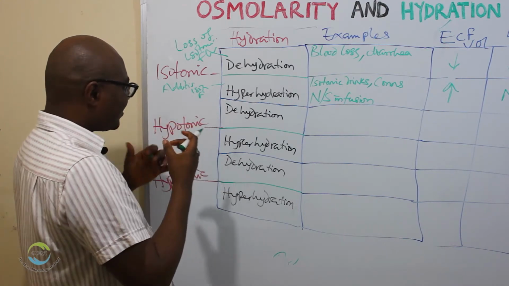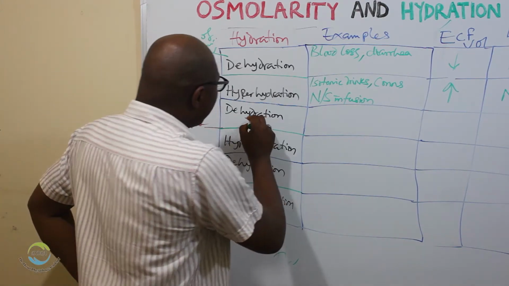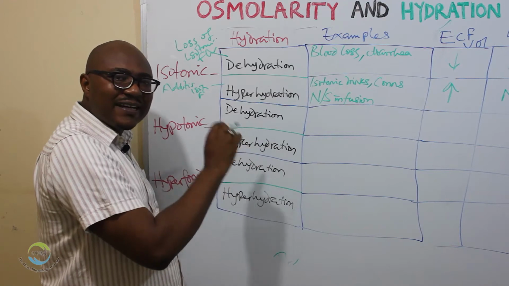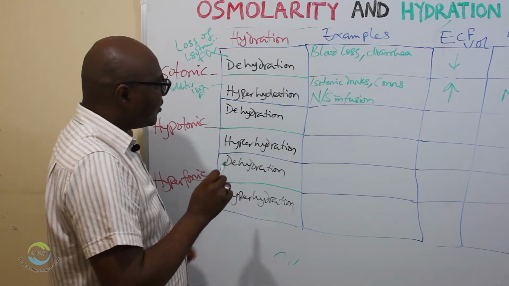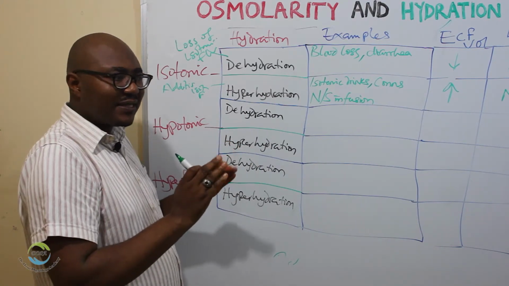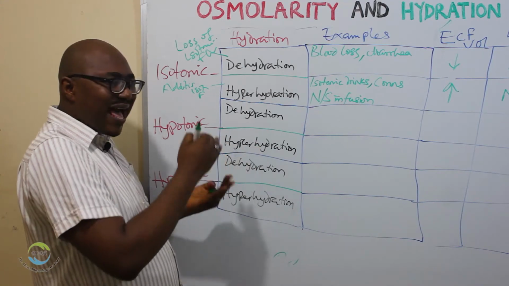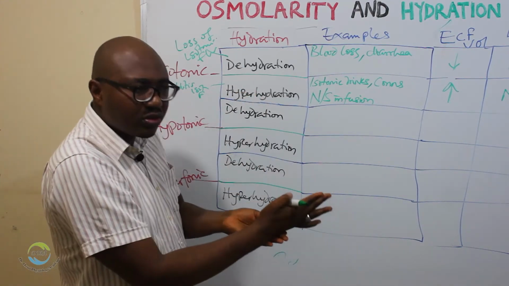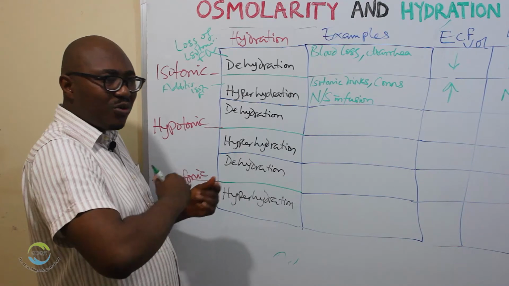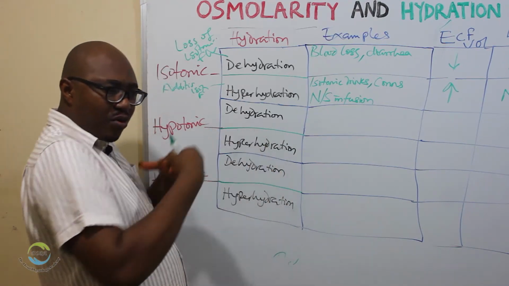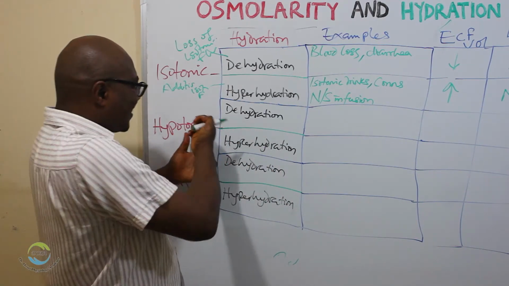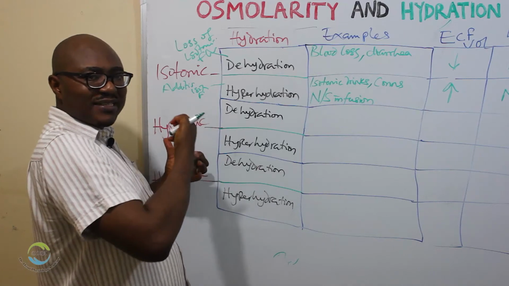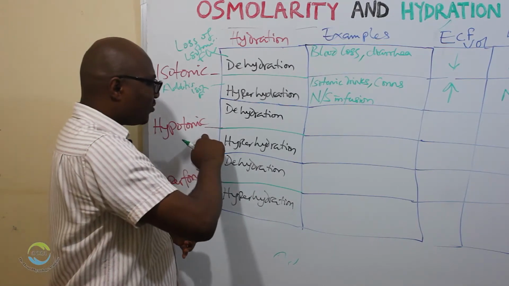What will make it lesser? It means that you are losing fluid that is hypertonic. A fluid that is hypertonic means that the fluid that you are losing has more salt than water. You are losing fluid that has more salt than water. So it's taking more salt from the ECF, making it to be hypotonic.